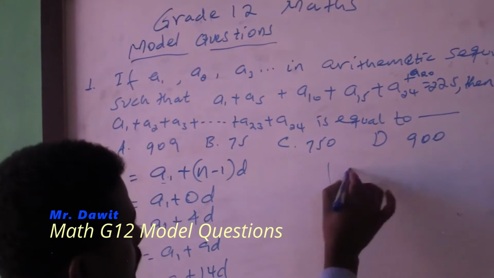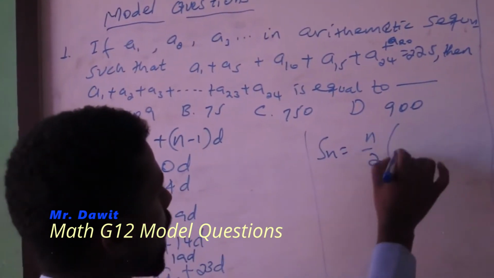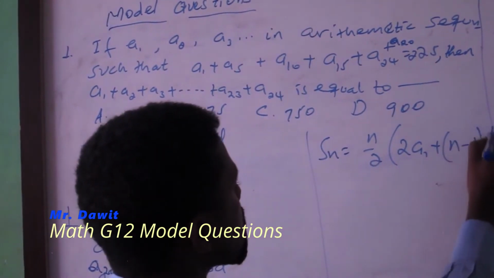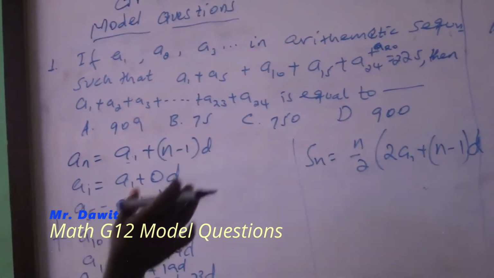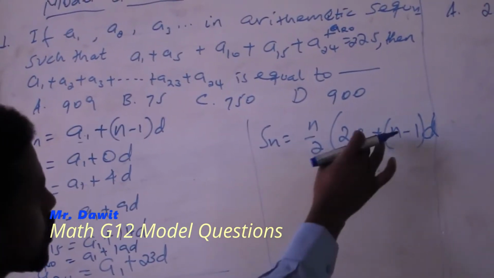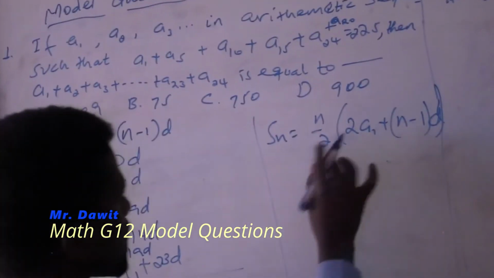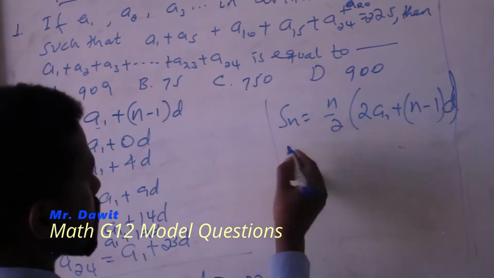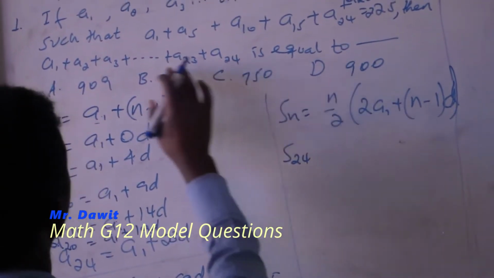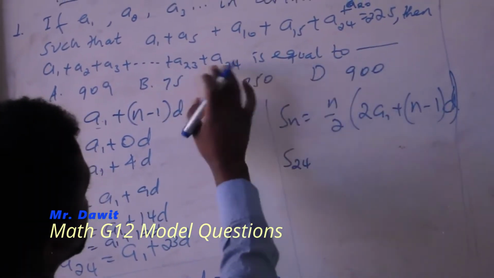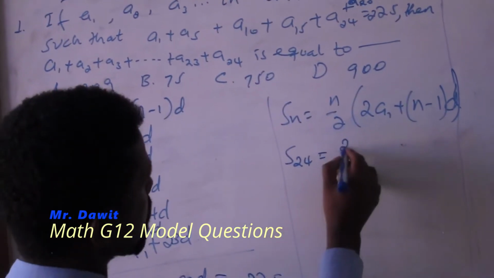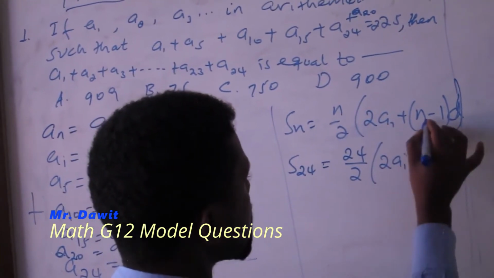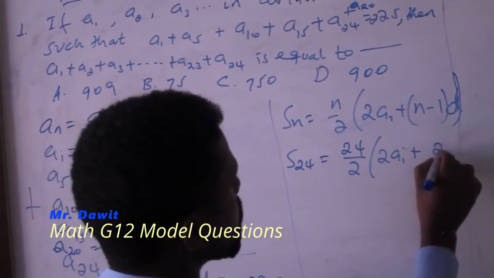From that we know that Sn is equal to n over 2 times twice A1 plus n minus 1 times D. Yes, this is the summation of the arithmetic sequence starting at A1 with a common difference D. So we substitute the same thing: S24, because the finite series ends at A24, is equal to 24 over 2 times 2A1 plus n minus 1, as 24, that is 23D.